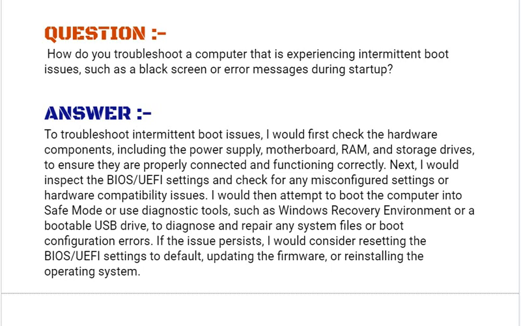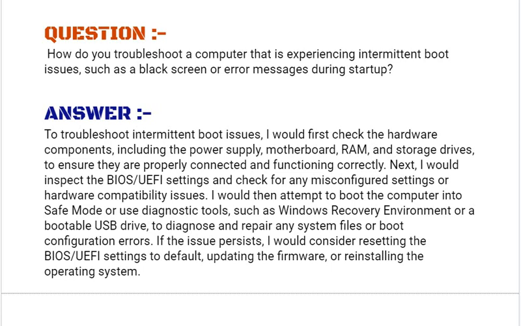Next, I would inspect the BIOS or UEFI settings and check for any misconfigured settings or hardware compatibility issues. I would then attempt to boot the computer into safe mode or use diagnostic tools such as Windows Recovery Environment or a bootable USB drive to diagnose and repair the system files or boot configuration errors.